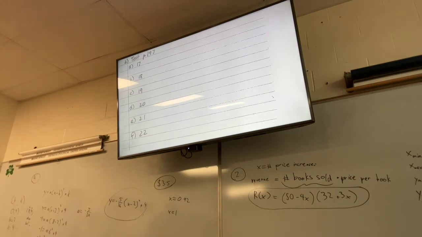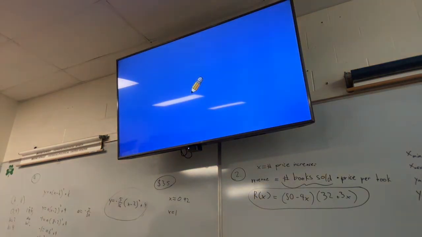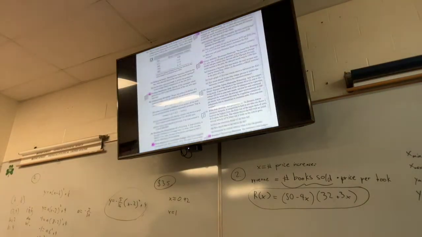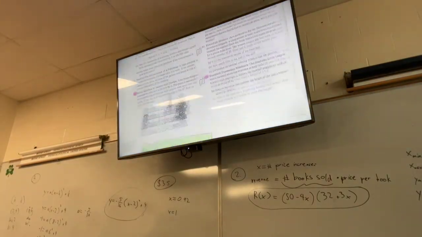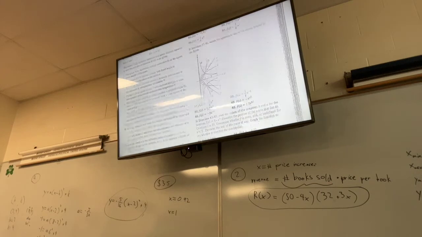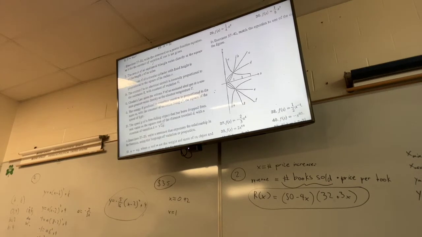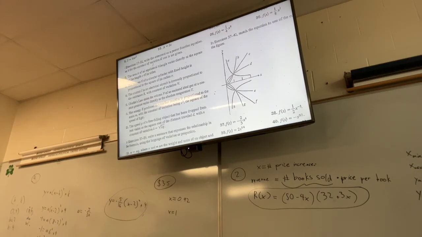So number 17, if we look at it here, Unit 2 textbook problems. So are we all looking at that? Does anyone need textbook problems? Okay.